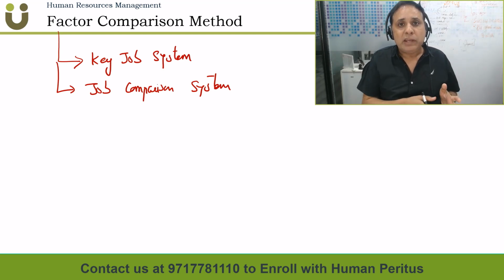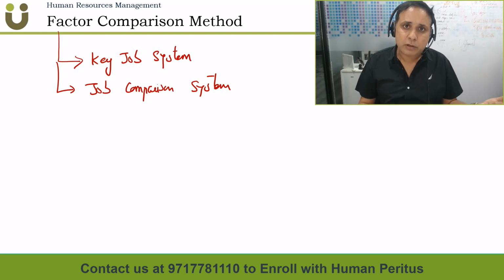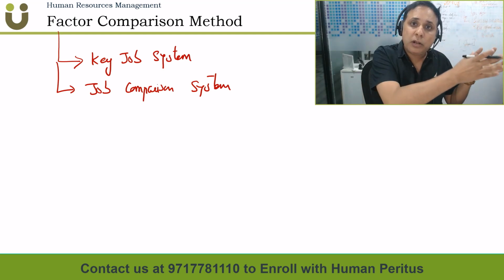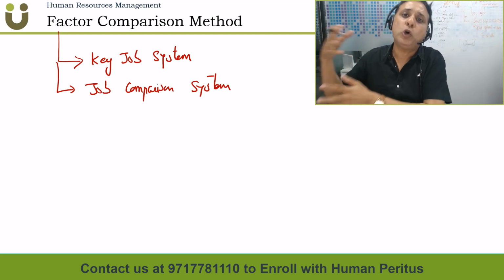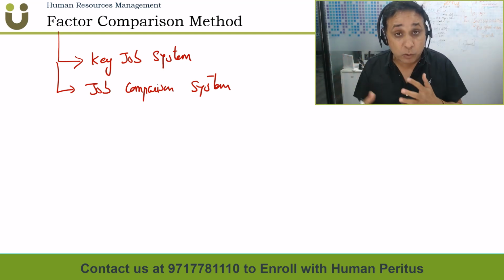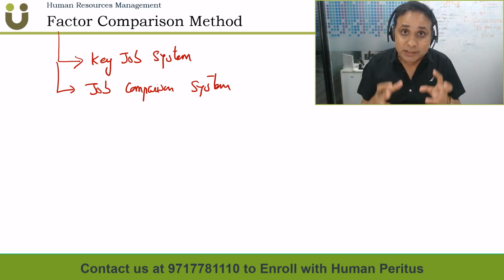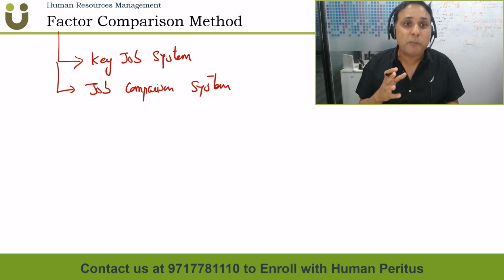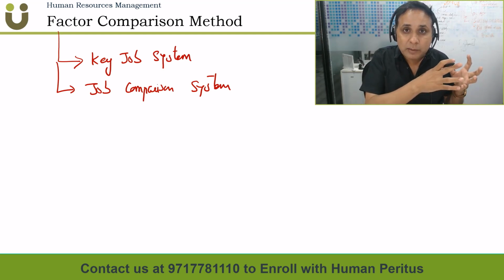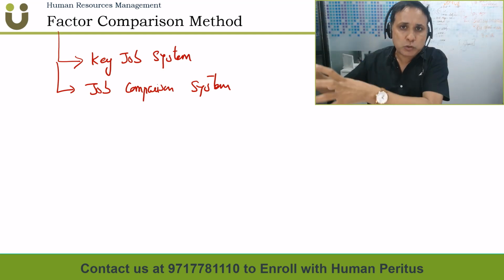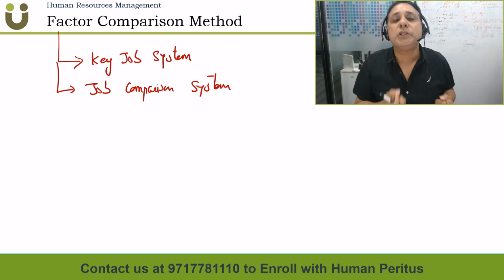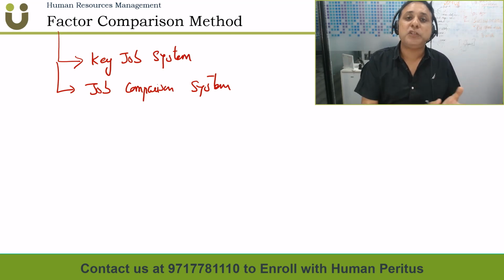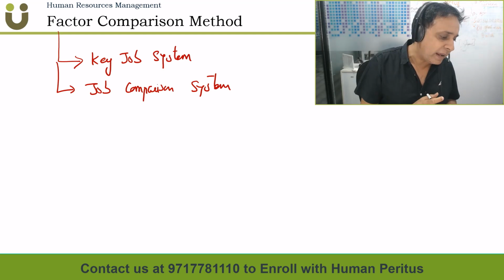Rather, we have some existing jobs which we call key jobs or standard jobs, and based on existing jobs we find the value of the new jobs which are yet to be evaluated or assessed. And that is why the word comparison. So basically we are comparing the worth of a new job which we are supposed to assess based on some existing job, based on the money which we are paying for that existing job.